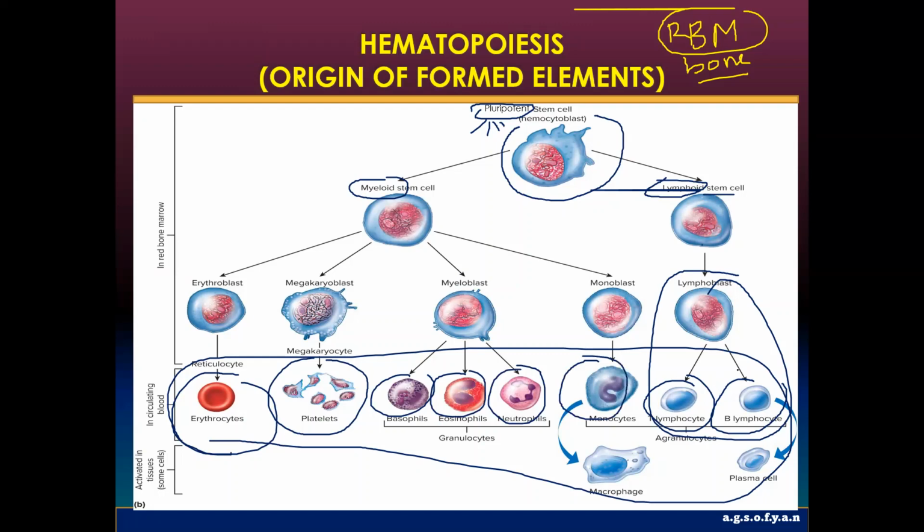Just remember, only the lymphocytes are produced by the lymphoid stem cell. The other types of white blood cells are produced by the myeloid stem cell.